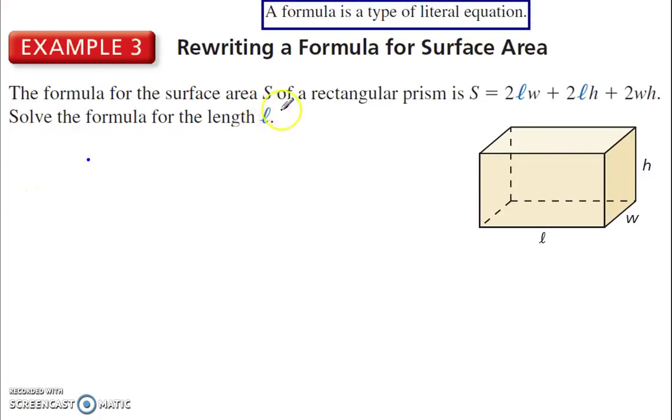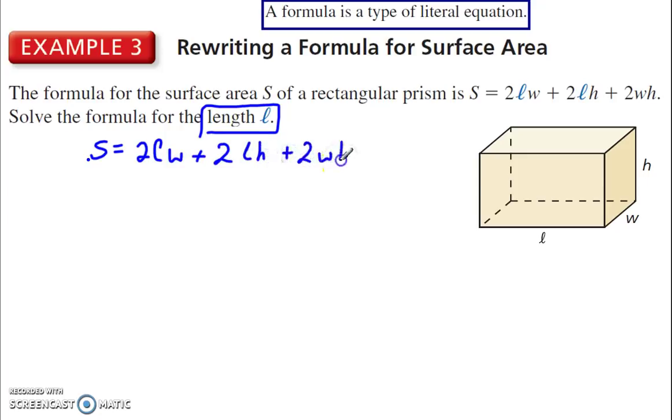All right, here we have the formula for the surface area, and they want us to solve it for the length. So we're solving for L. Now, in that formula, L is in this term, 2LW, and in the second term, 2LH, but not in the third term, 2WH.